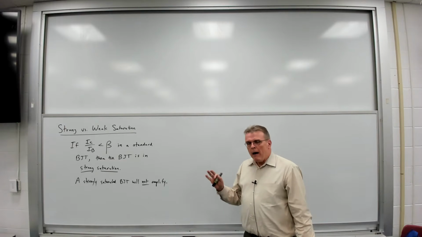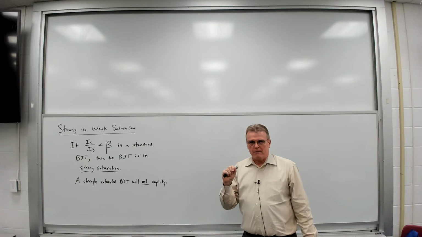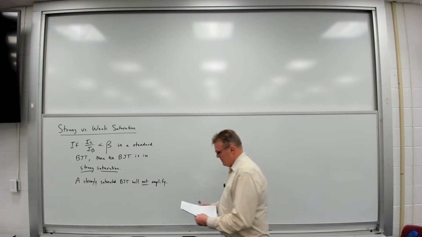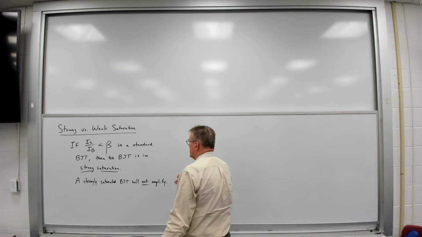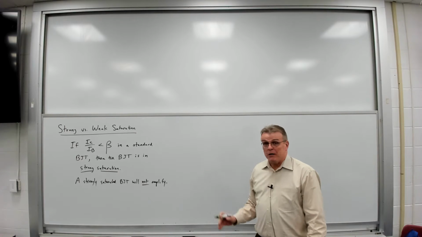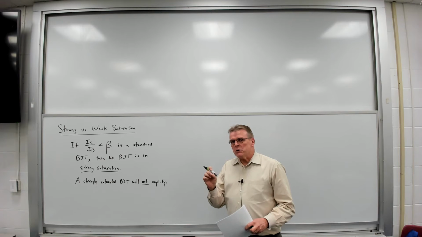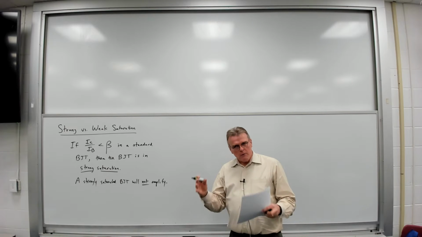However, it is possible for a BJT to be slightly saturated, weakly saturated. Now, in general, you want to avoid saturation of any type, of any degree, whenever you can. But a weakly saturated BJT will still function.